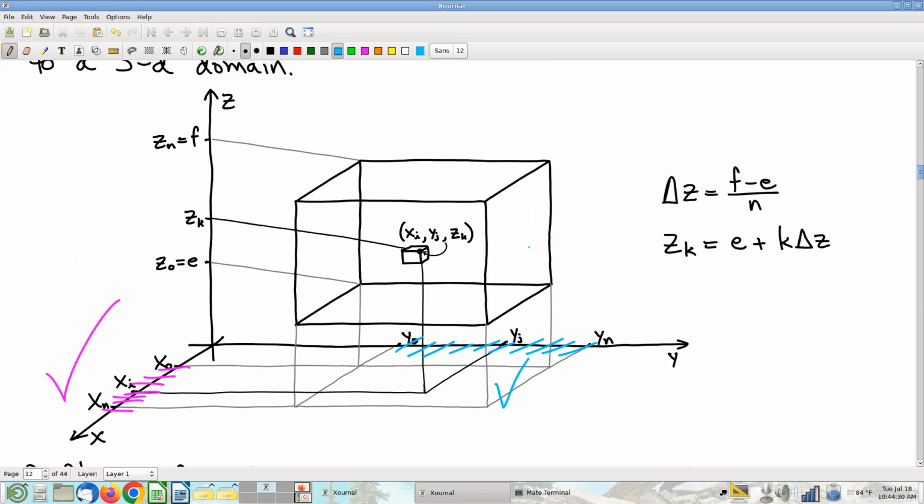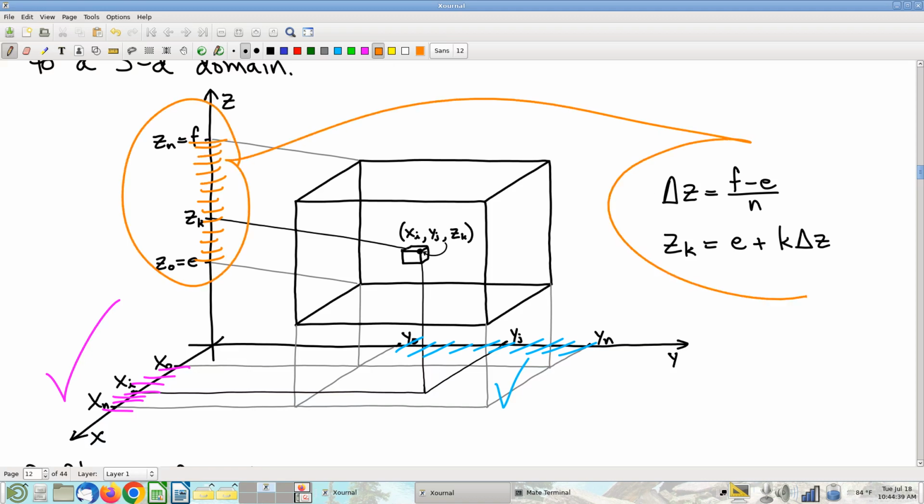The only slightly new thing is that now we need to talk about chopping up the z-axis. We haven't technically done that yet, but it's morally equivalent to what we've done before on x and y. It's still just taking an interval of a given length, chopping it into n pieces, and keeping track of where the edges are. So it's not really that new.